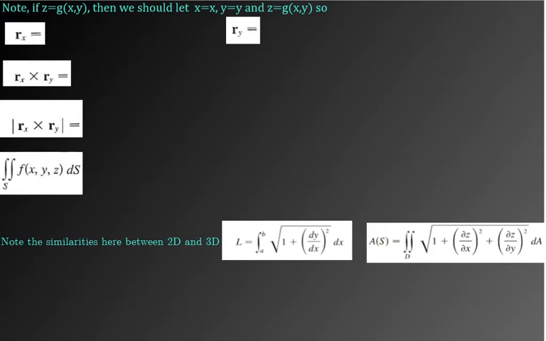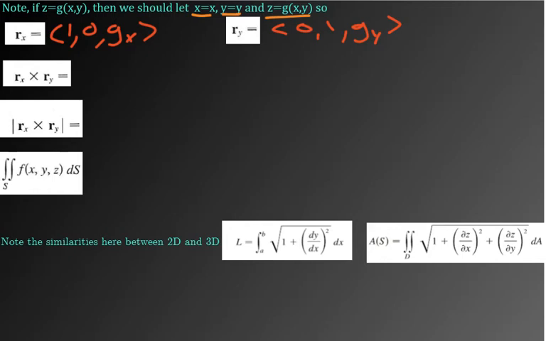with respect to x, if you can just parameterize it as x equals x, y equals y, and then z is a function of x and y, we would just get the vector 1, 0, and then g with respect to x. And then r with respect to y, right, would just kind of flip the 0 and the 1, and then we would get g with respect to y.